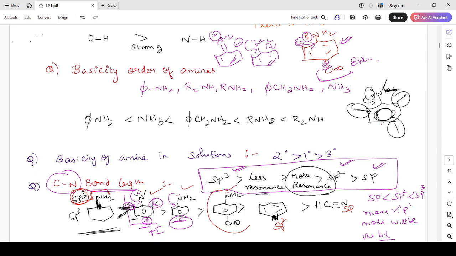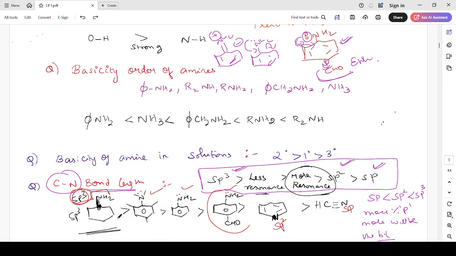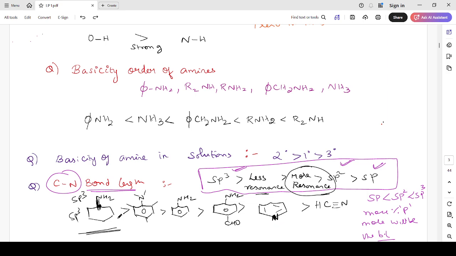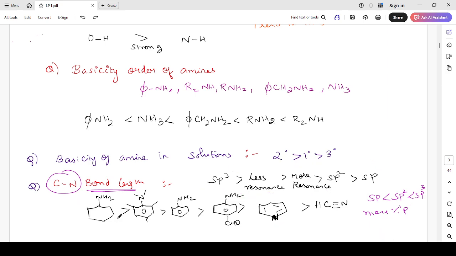Is it clear for this question? The question is a very repeated C-N bond length question. Hope you people understood why we follow this order here.